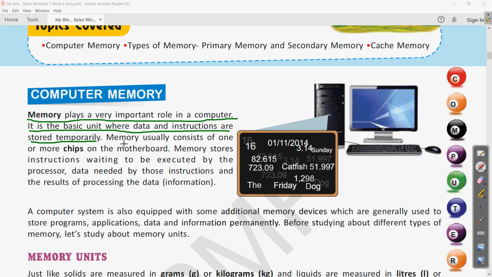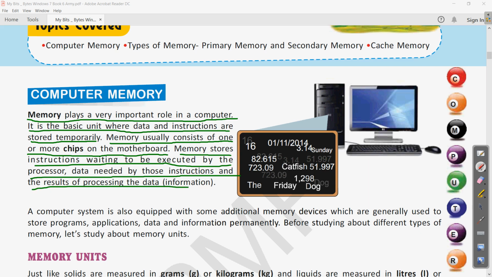Then the third point you can write is memory consists of one or more chips on the motherboard. Clear? As it is a short note, we can write 3 or 4 points. Write the last sentence as well, that memory stores instructions waiting to be executed by the processor, data needed by those instructions, and the result of processing the data, that is information.